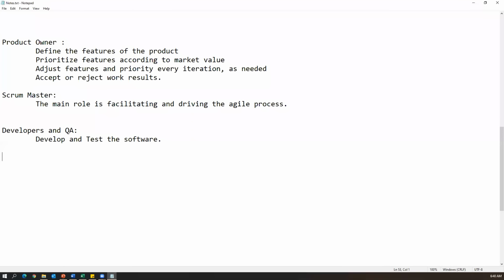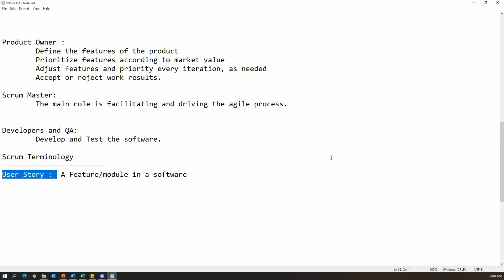All right, so now the scrum terminology. What are the different terms which we need to understand in scrum? Very important. The first term is user story. What does user story mean? A user story means a feature or a module in a software.